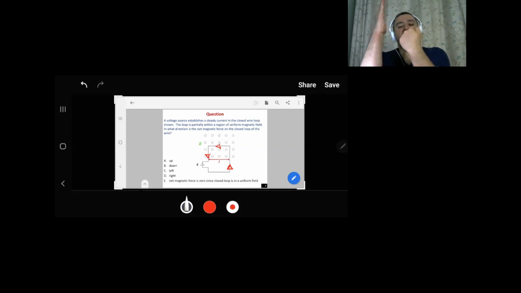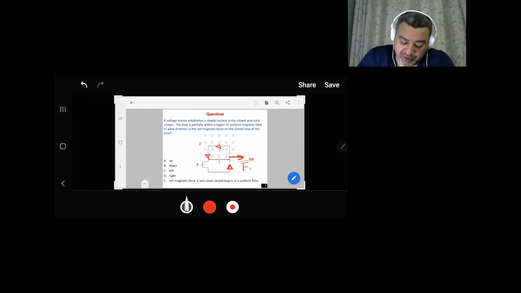So I will keep the direction of the fingers up, however, I will rotate it this way such that I curl in the direction of the magnetic field. Then my thumb will be pointing toward the force. So the force applied on this side would be this way. Let me call this one F1.